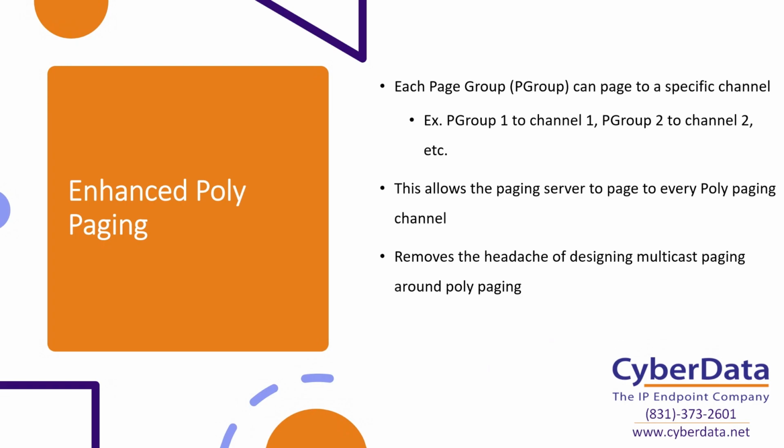And with this kind of nice feature addition that we did, it's honestly overshadowed by all of the other features that we put in. With a CyberData paging server, it removes all of the headache of designing multicast paging around Poly phones. It can become such a pain to deal with that. And with this one change in this free software update, it takes away all of that headache.